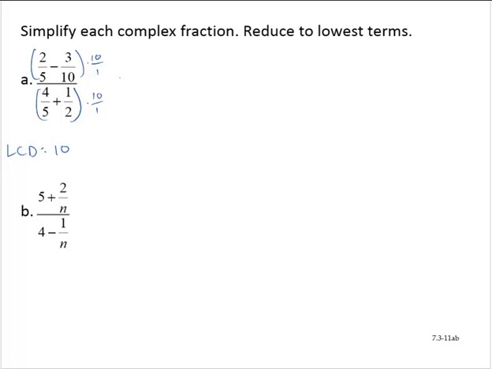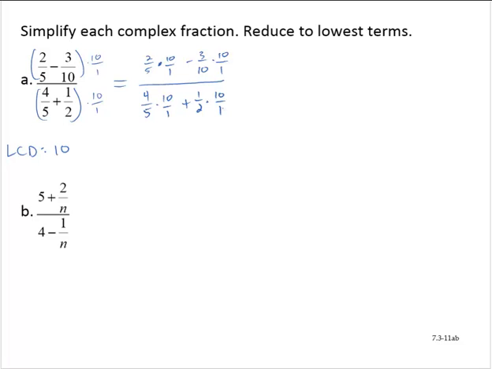Applying the distributive property in both the numerator and denominator, I get 2/5 times 10 over 1, minus 3/10 times 10 over 1, over 4/5 times 10 over 1 plus 1/2 times 10 over 1.